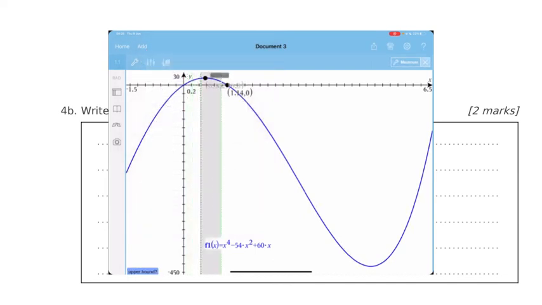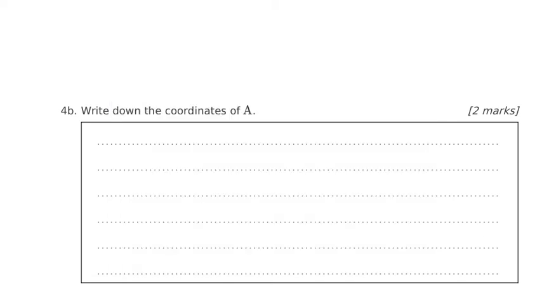So left side, right side, and there is our maximum. It is when x is 0.562. So A is the point (0.562, 16.8).